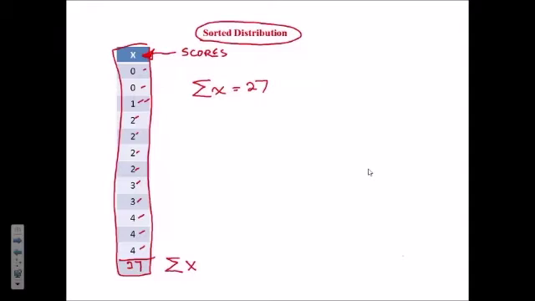If we wanted to get an average, we could get the sample mean. And that's just the sum of the scores, the sum of the X's, over the number of scores.